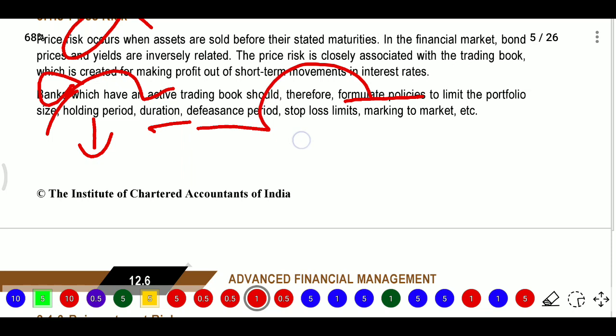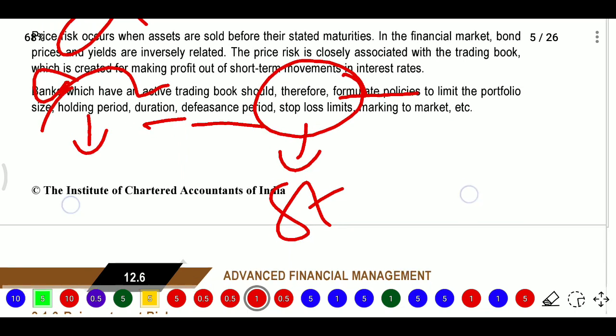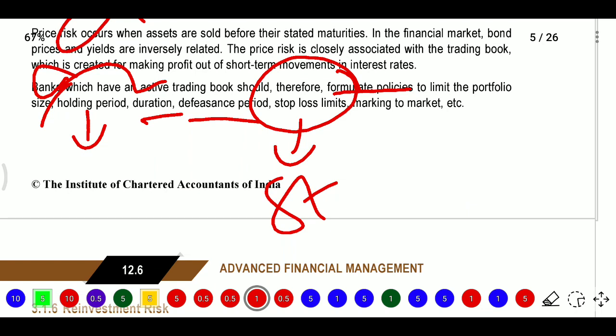So stop loss limit means, in the stock market, we use the stop loss limit to maintain the loss, so we can mitigate the risk of changing interest rates in a dynamic nature.